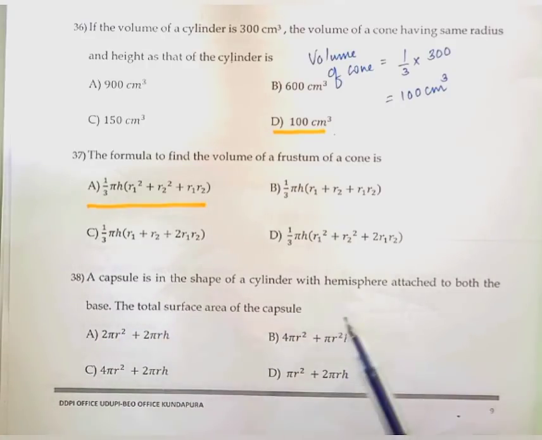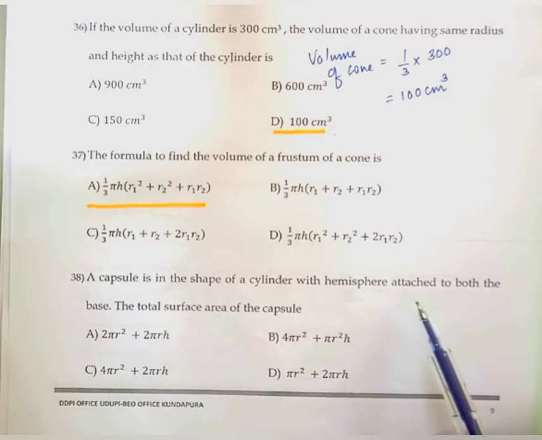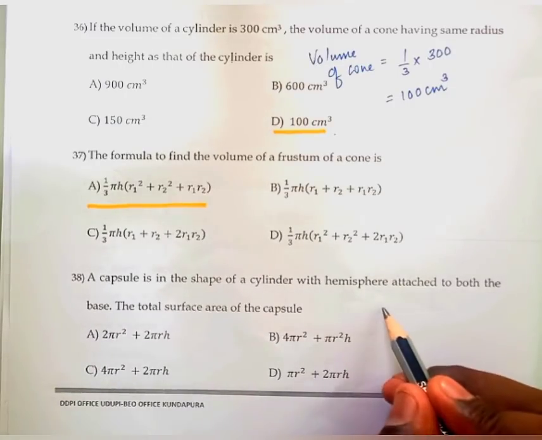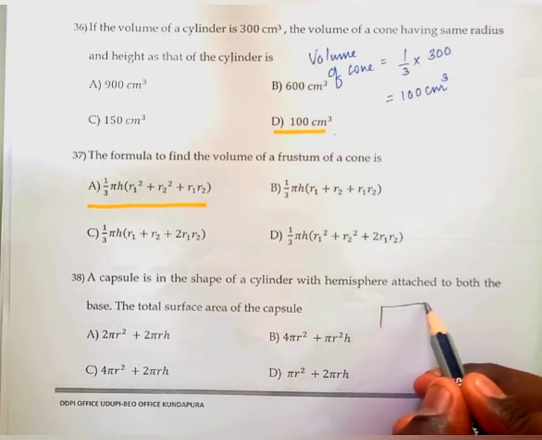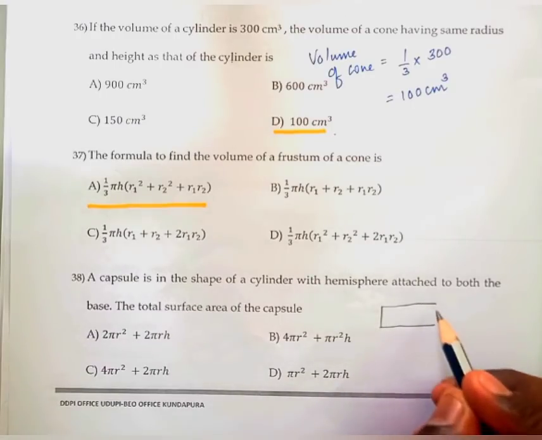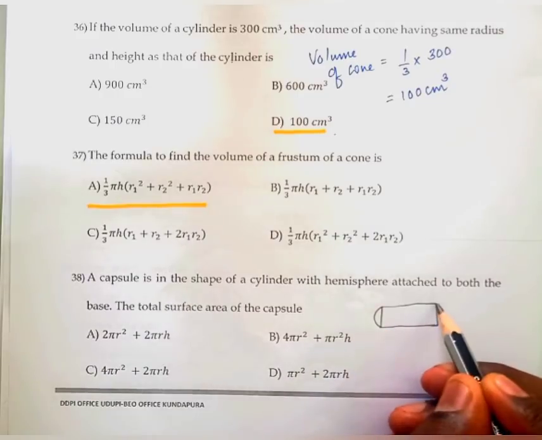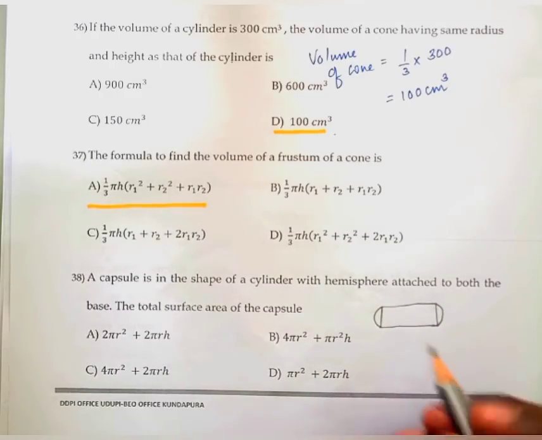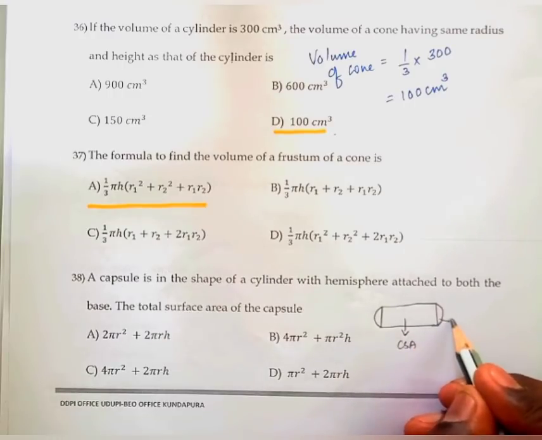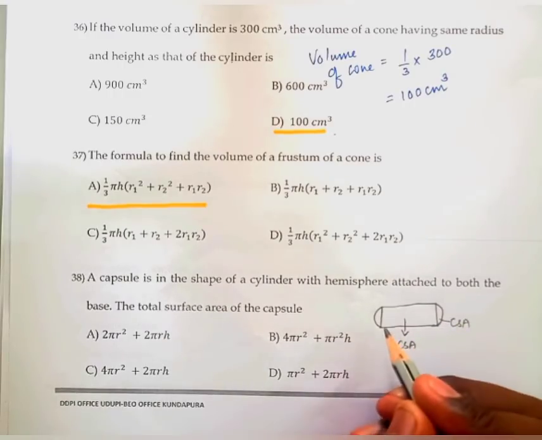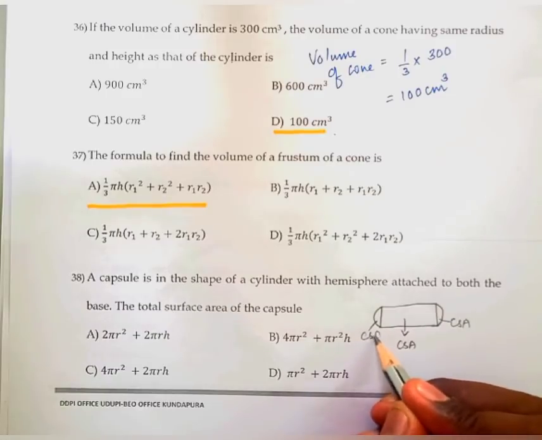Question number 38. A capsule is in the shape of a cylinder with hemisphere attached to both the end base. The total surface area of the capsule is. Consider a cylinder. We have hemisphere at both ends. Now the total surface area of capsule is CSA of cylinder, CSA of hemisphere and CSA of another hemisphere.